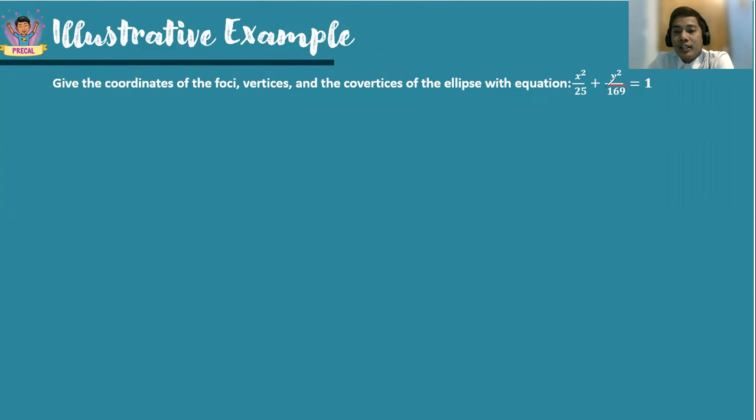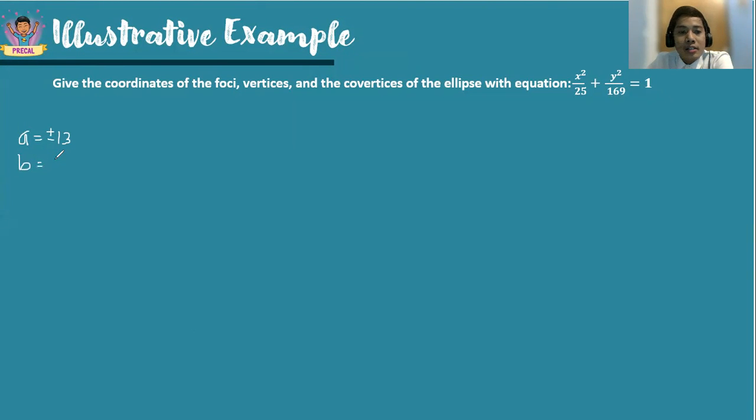So we will get 169 as our a squared. So a is equal to the square root of 169. This is a squared in the formula. So you get the square root. It's positive, negative 13.